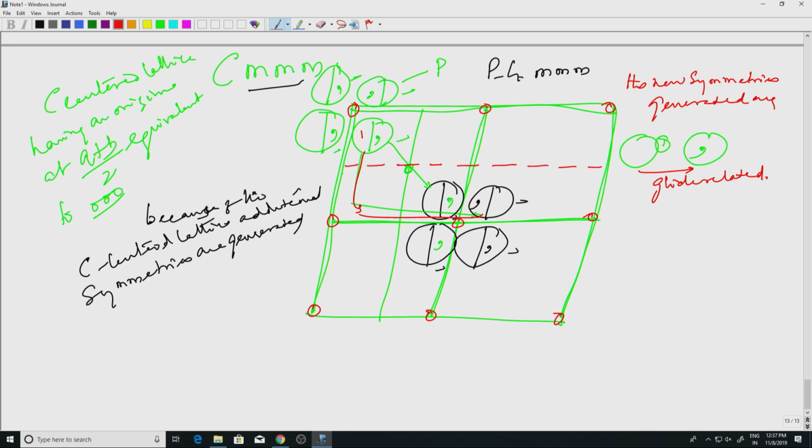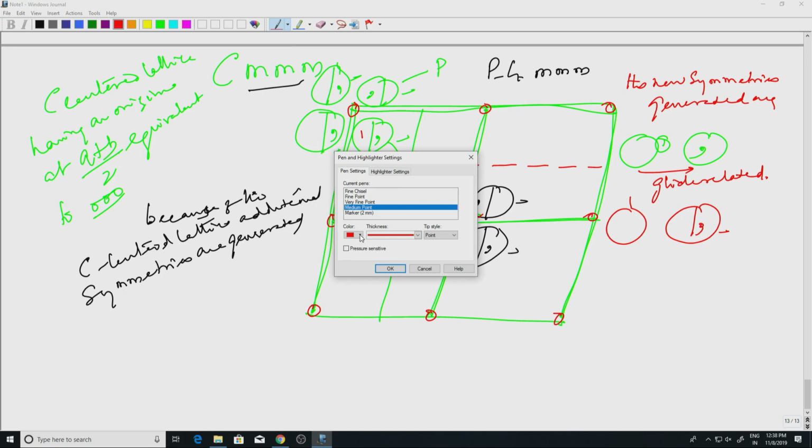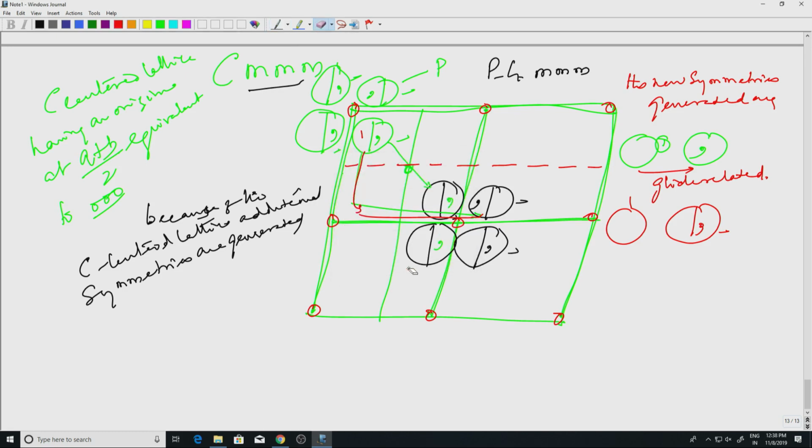Similarly, now this is 1 and here, blade related. So that means it becomes a blade here.